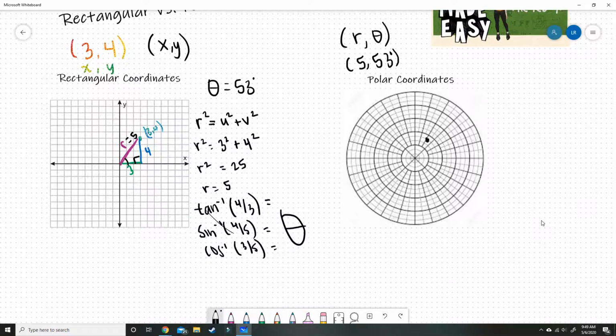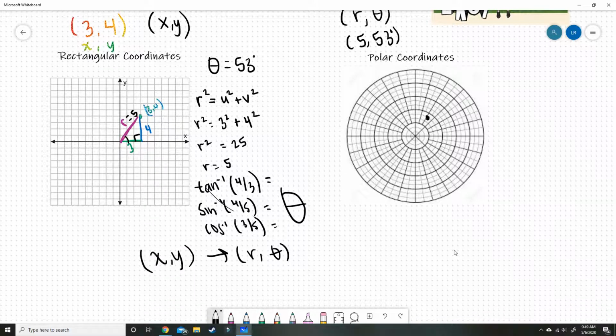And a quick recap. In order to transfer from rectangular, from x, y, to r, theta: theta equaled the inverse tangent of y over x.